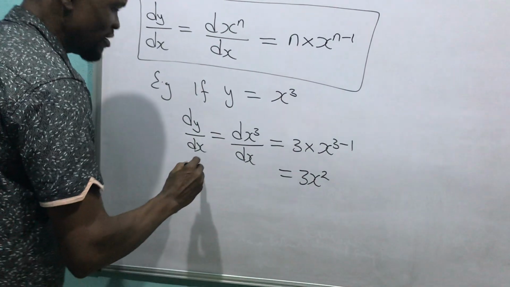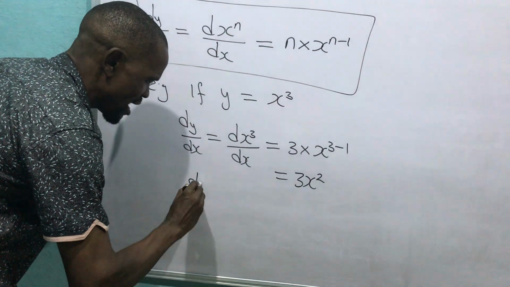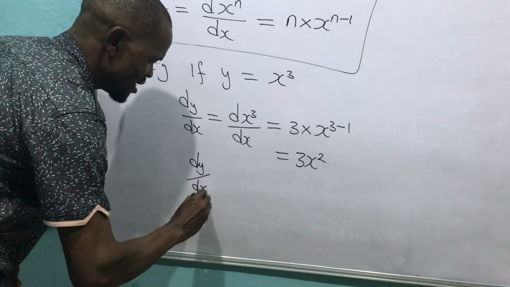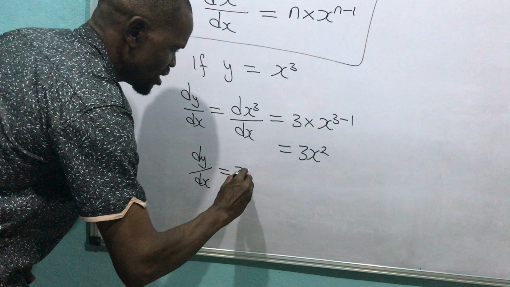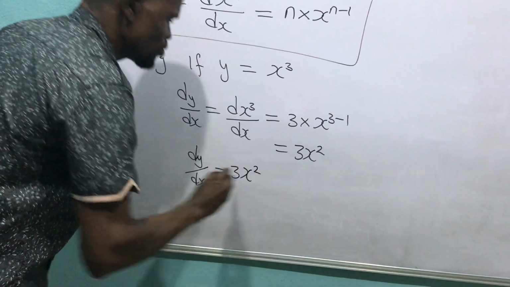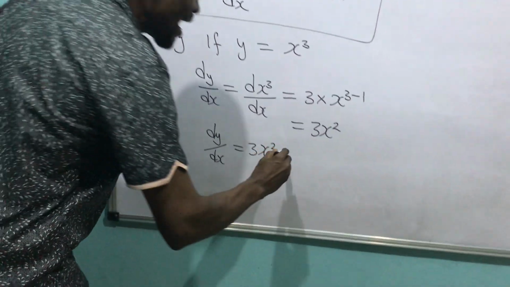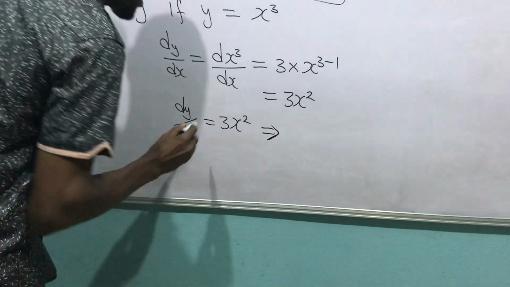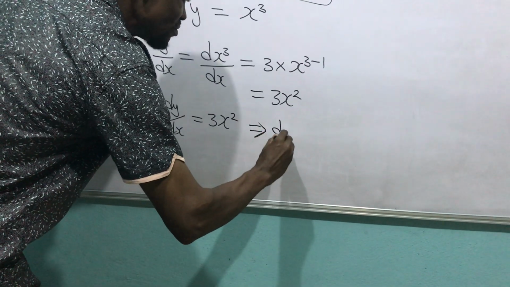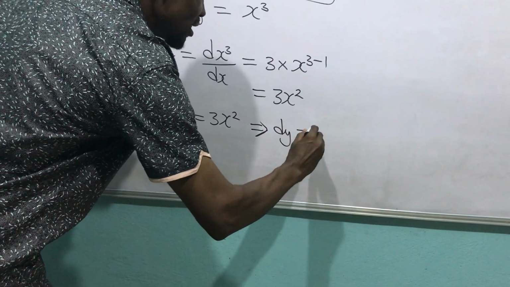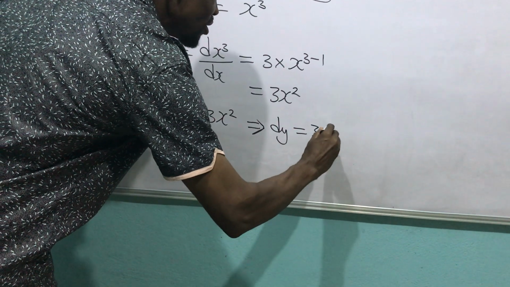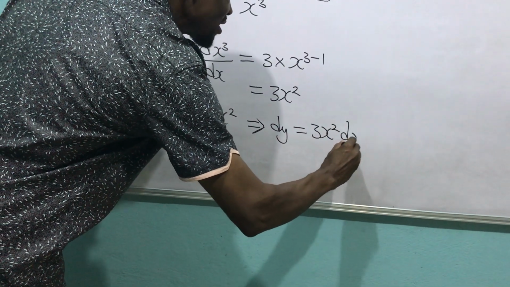That means I have differentiated this, meaning that my dy/dx is equal to 3x raised to power 2. And this implies that dy is equal to 3x raised to power 2 dx.